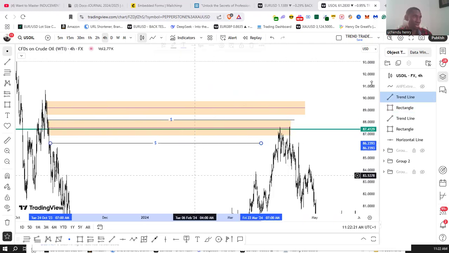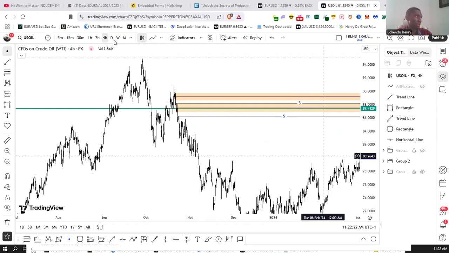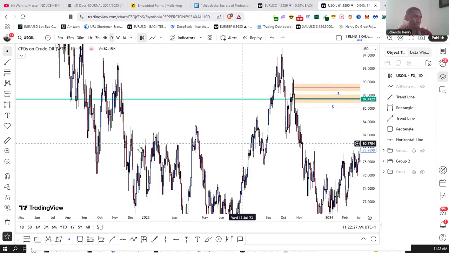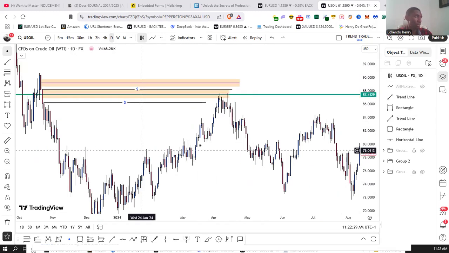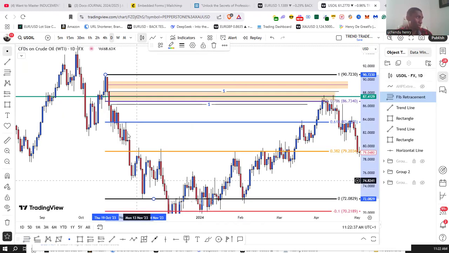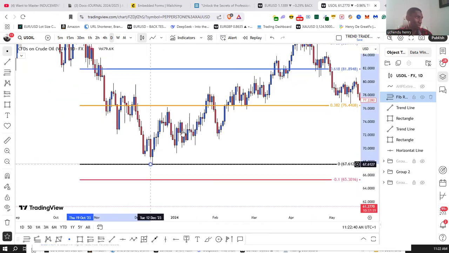So let's look at this whole stuff, probably from the daily time frame to get a clearer picture of that level. Okay, so let's go from that high point, from this swing high, to this swing low.